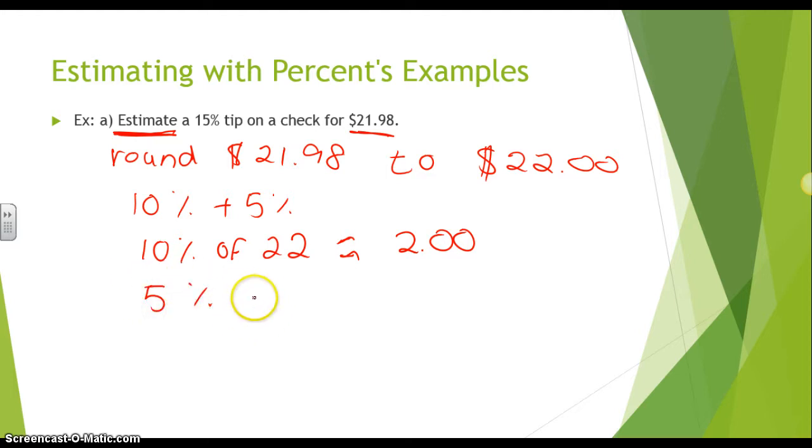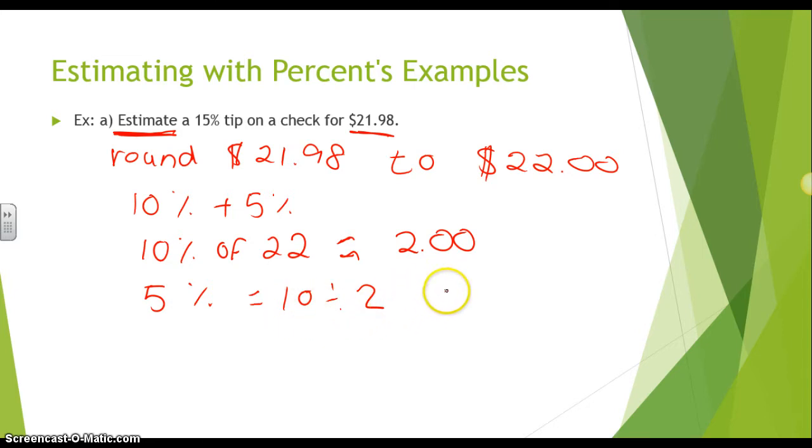Then 5% is going to be my 10% divided by 2. What's 10 divided by 2?